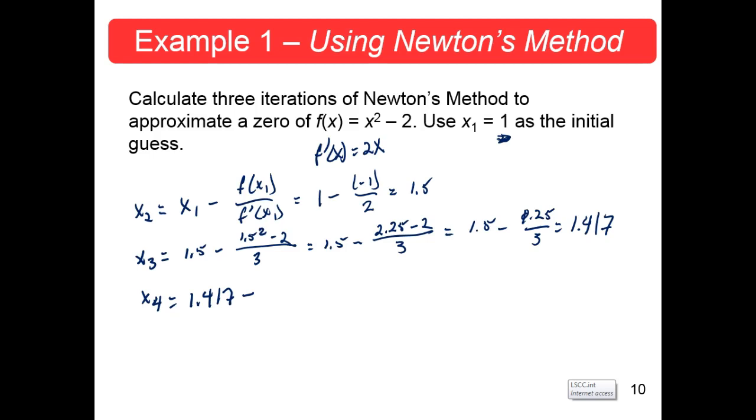Minus, recall that squared, 1.417 squared minus 2 over 2 times 1.417, which would be 2.834. We're doing Newton's method. This is page 230, Chapter 3, Applications of Differentiation, 3.8 Newton's method. First example with it.